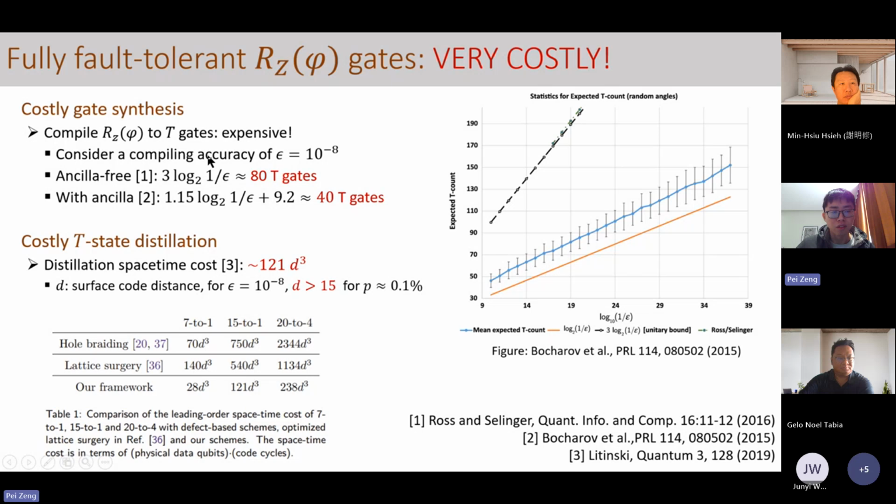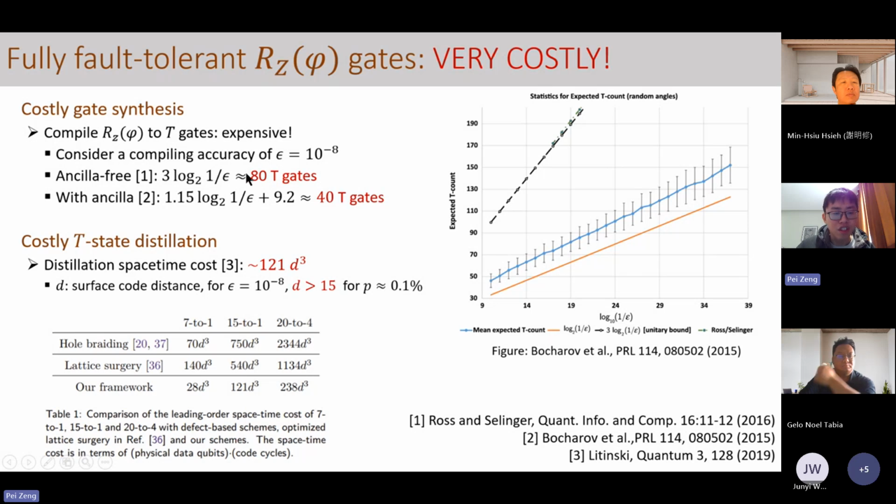The state-of-the-art methods to compile rotation gates to T gates usually cost about 40 T gates if you have some ancillary qubits. If you don't have any ancillary qubits, it will cost 80 or even 100 T gates to compile this rotation gate.